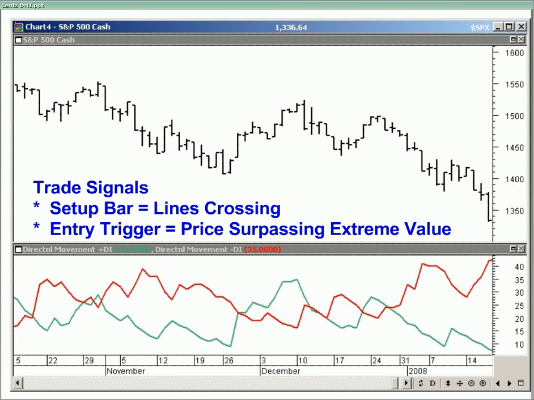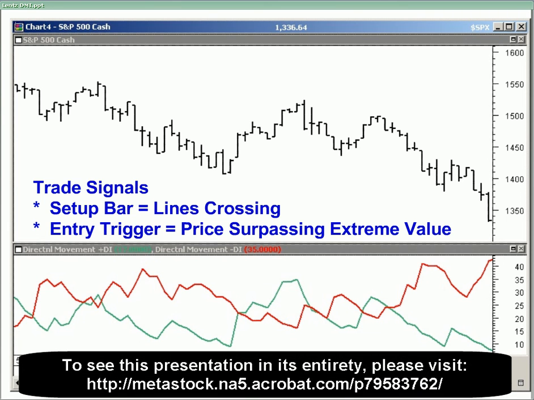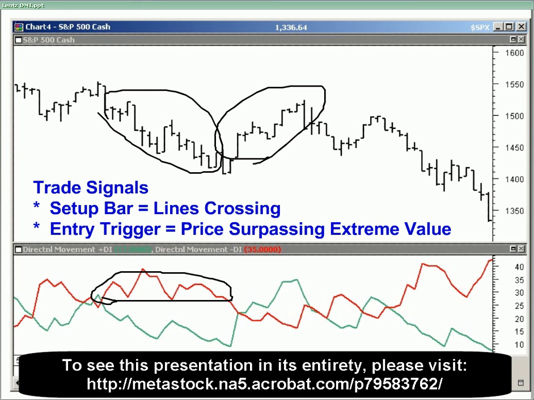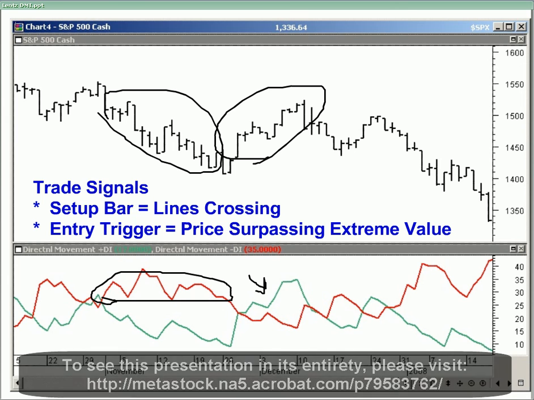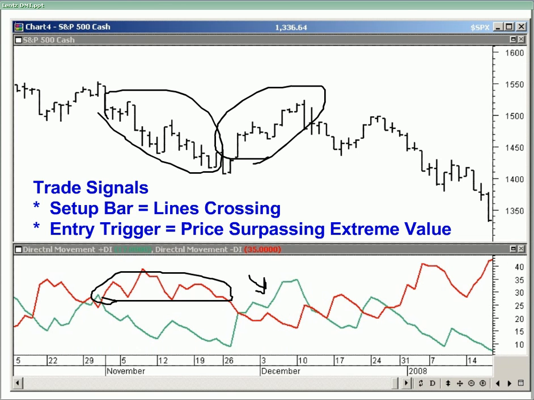And what you'll get then is a series of lines, green and red, shown underneath the price. And you can kind of see here, when price is going down, that's when we have the red line above the green. Price is going up and we have a positive trend. That's when green is above the red.